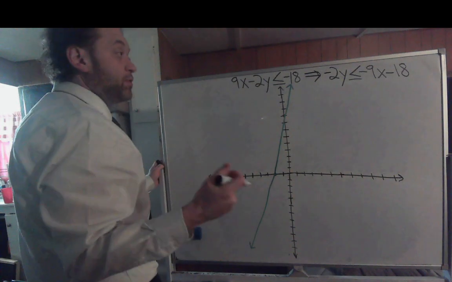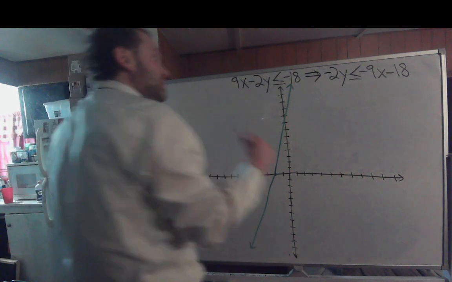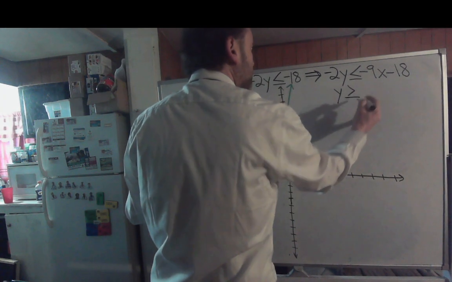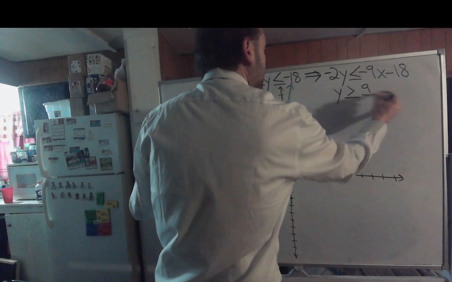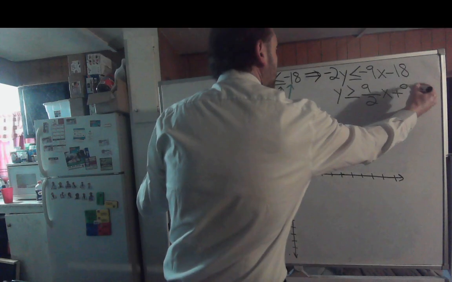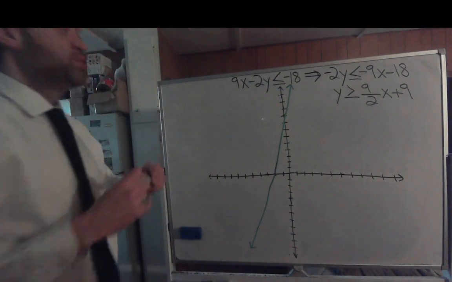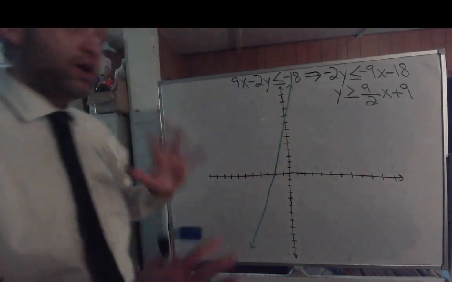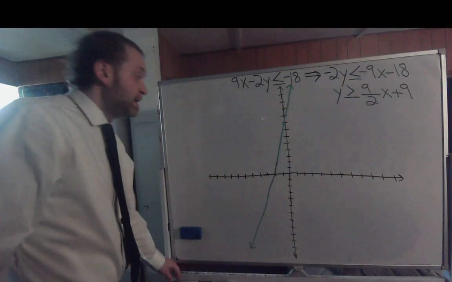If we solve for y, that's actually going to flip the sign since you have a negative. So you would get y is greater than or equal to 9/2 x plus 9. That's why you always want to convert to slope-intercept form so you know which area you're shading.